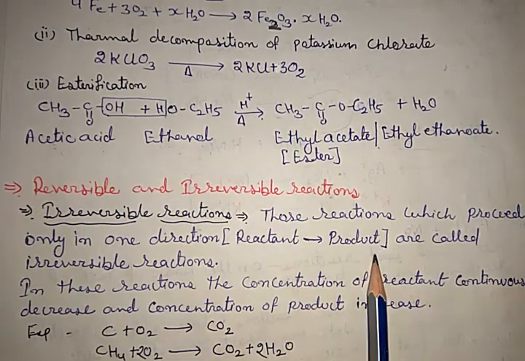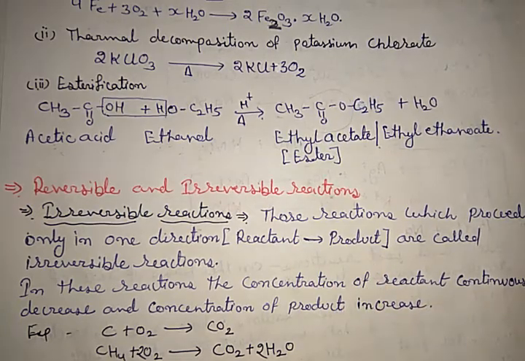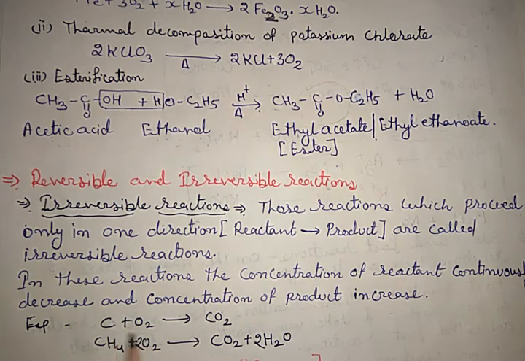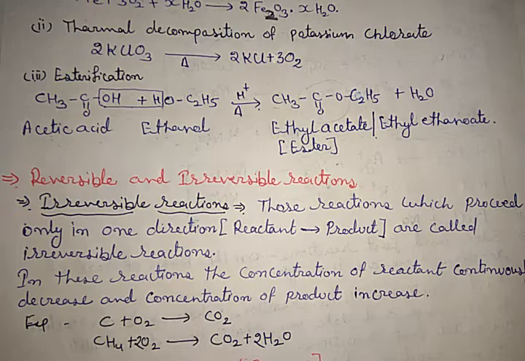At the end of the reaction, the concentration of reactant becomes zero and the concentration of product becomes maximum. For example, the burning of carbon, C plus O2 gives CO2, and the burning of methane, CH4 with O2, come in the category of irreversible reactions.